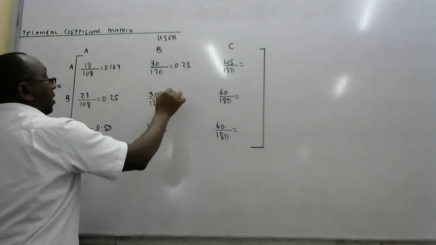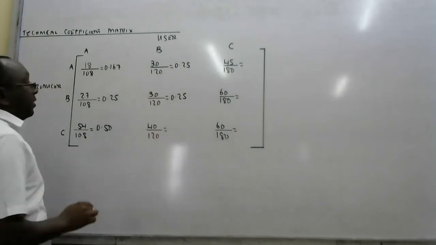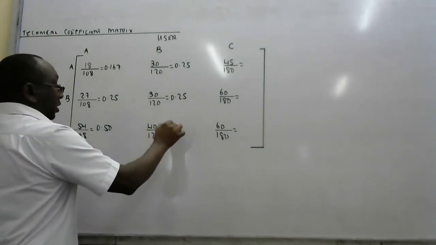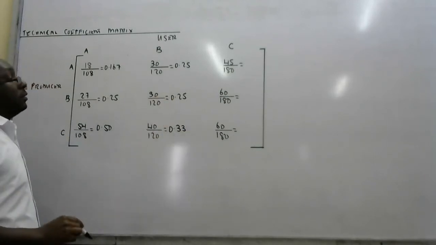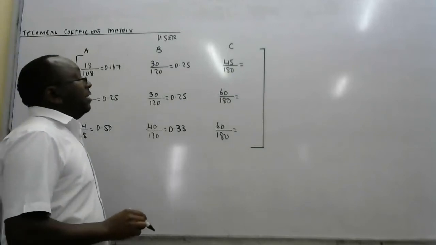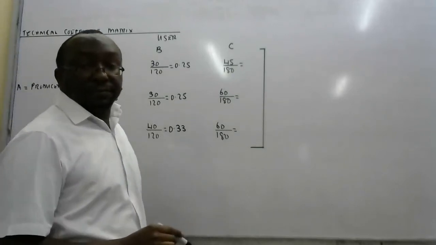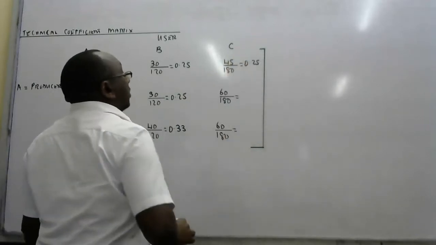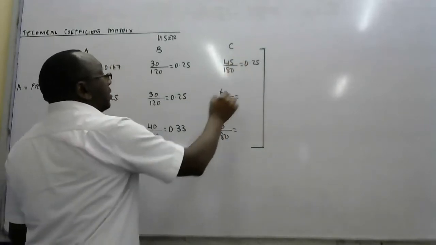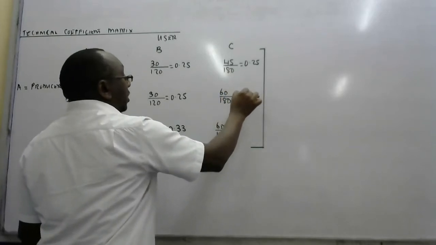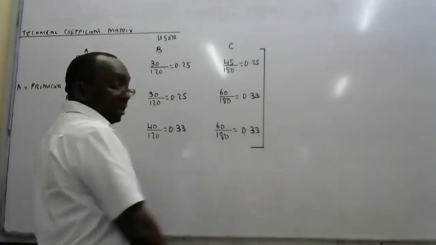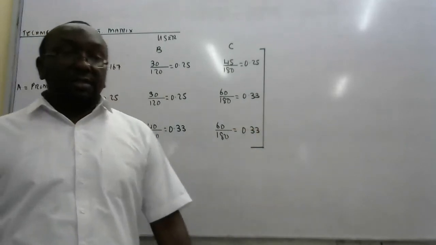The same case here, 0.25. Now we begin 0.33. Let's go to the other one, 45 out of 180, 0.25. 0.33. The same, 0.33. So that is the technical coefficients matrix.